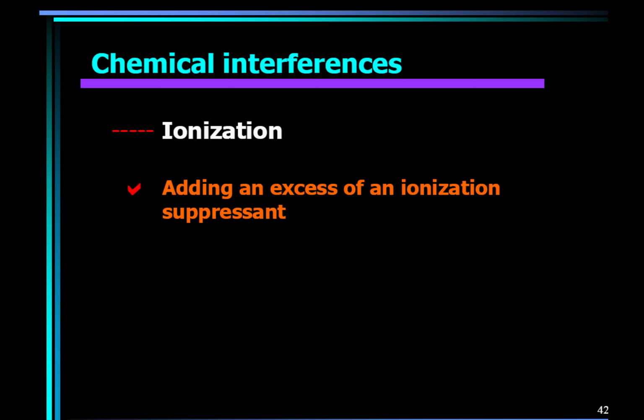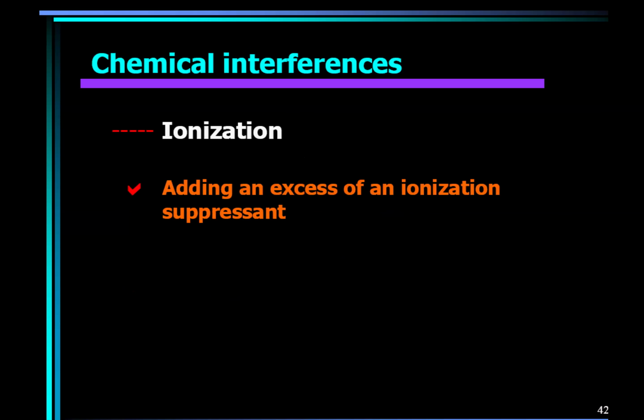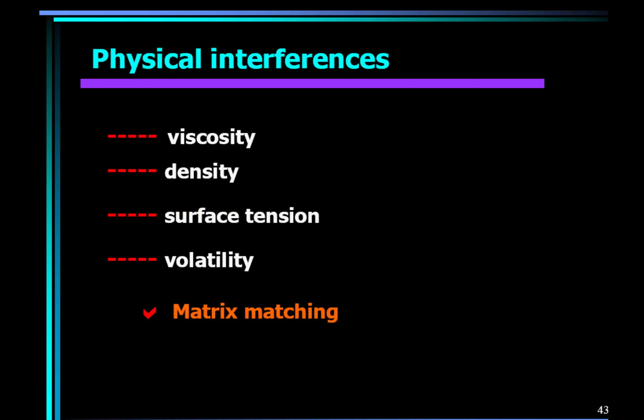So you have ionization as the other chemical interference; the first one was stable compound formation. For ionization I gave an example of group 1 metals, potassium, such that you shift the equilibrium to have the atoms. And physical interferences can also occur, where we compete with viscosity.